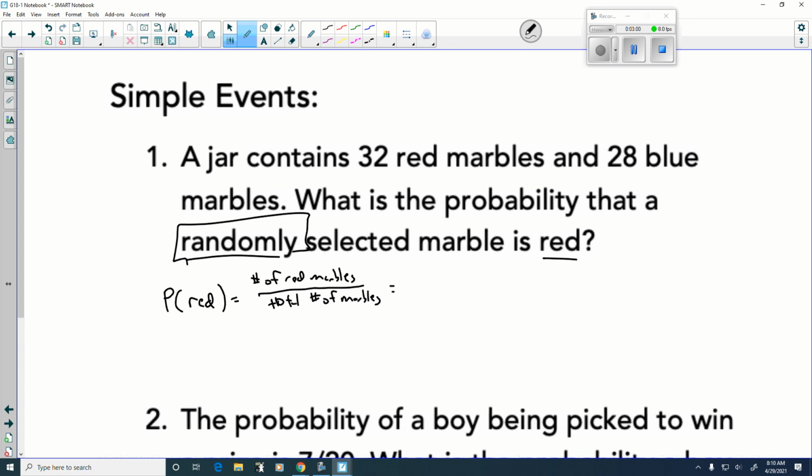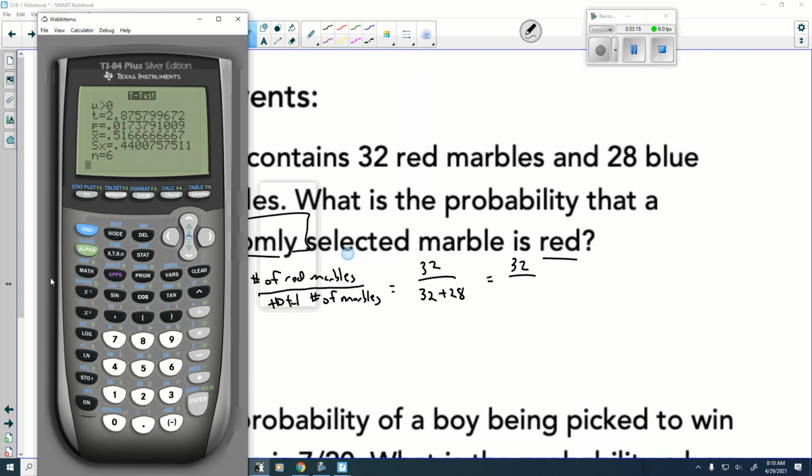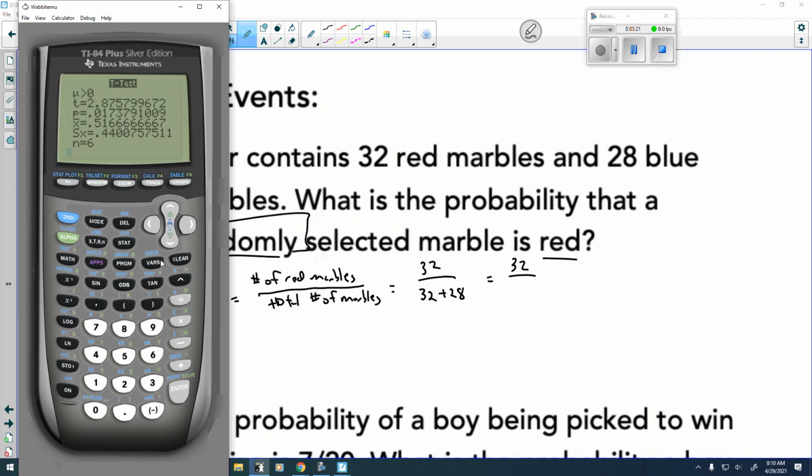So there are, of course, 32 red marbles, and totally we see 32 plus 28 marbles in the jar. So this is 32 over, and we're going to want to reduce this. So it's probably helpful for you to have a calculator. And so in this case, I've got 32 plus 28. That's what's on the bottom, 60.